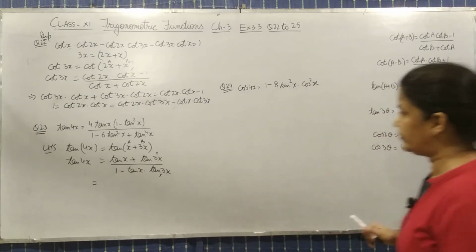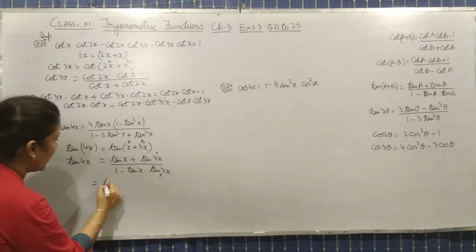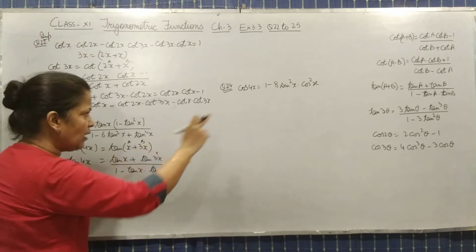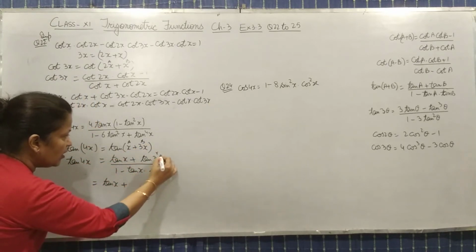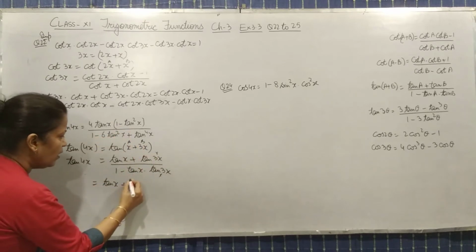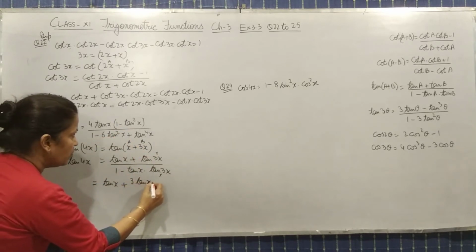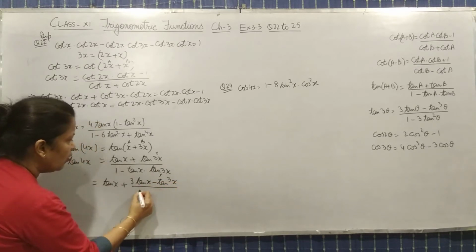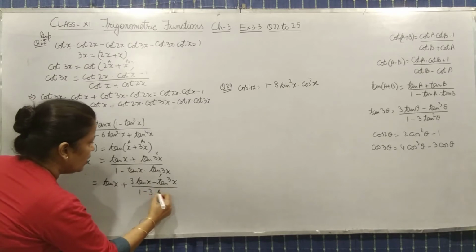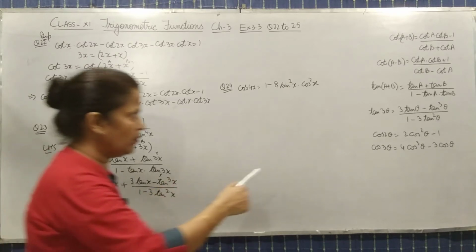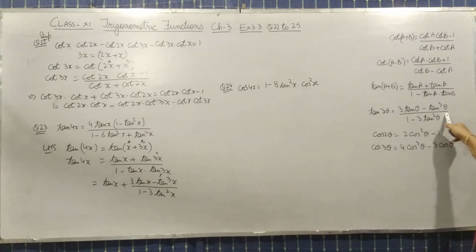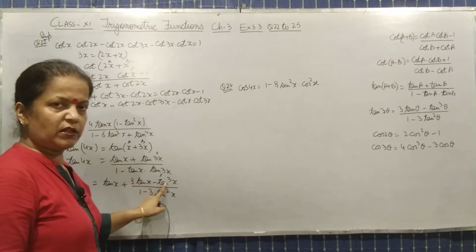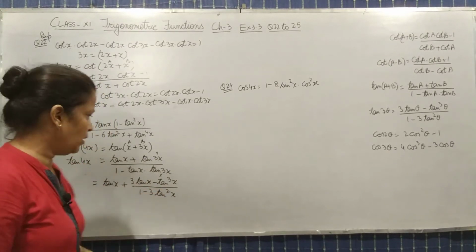It will be tan x plus tan 3x, where tan 3 theta is 3 tan theta minus tan cube theta upon 1 minus 3 tan square theta. Theta or a, you can take anything.